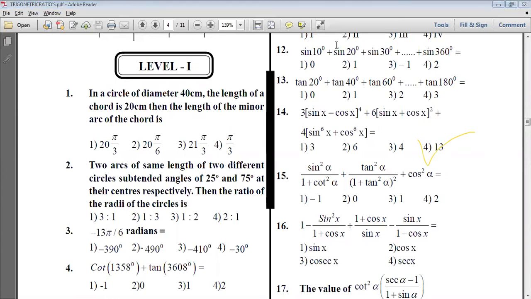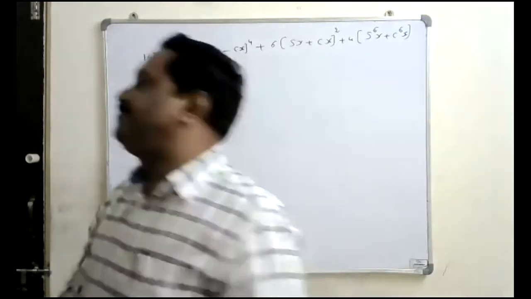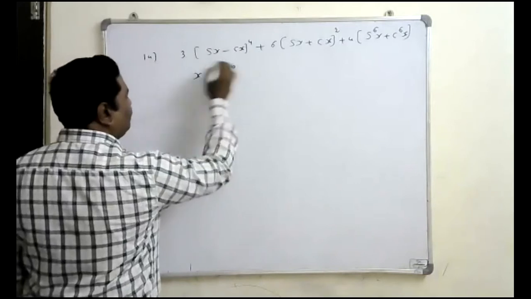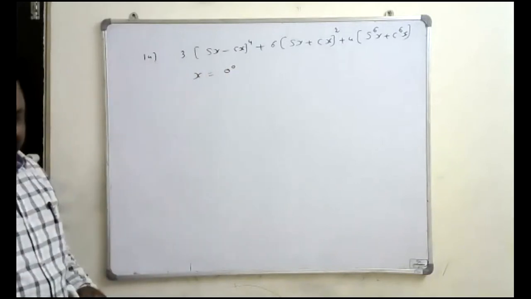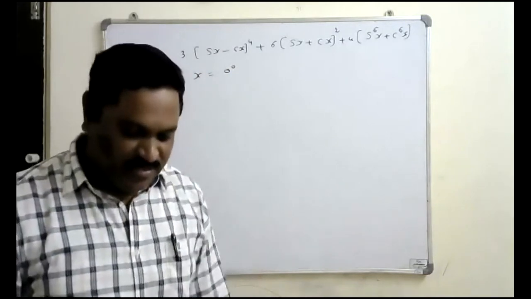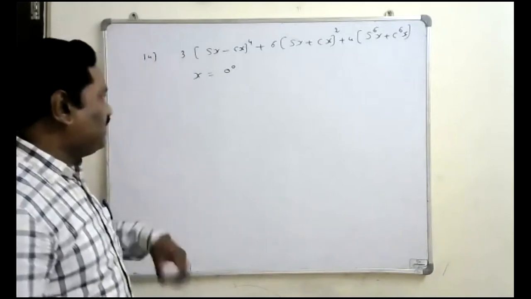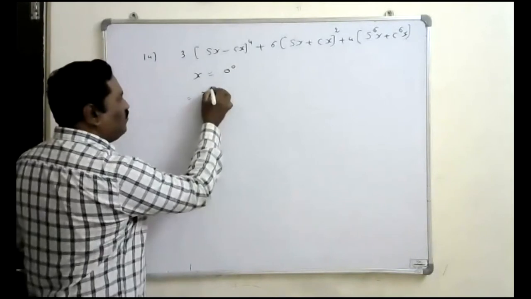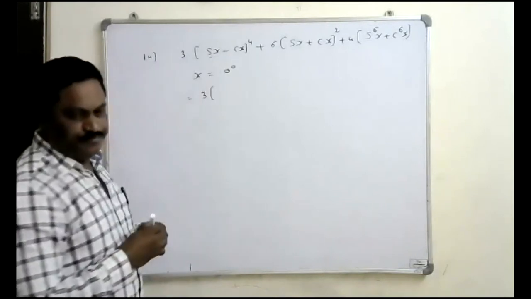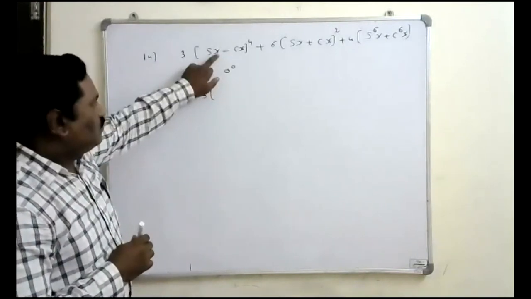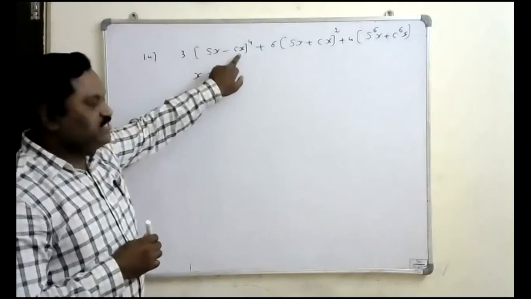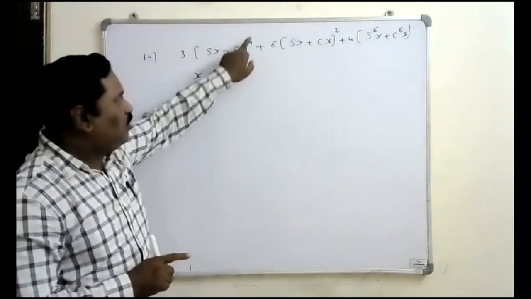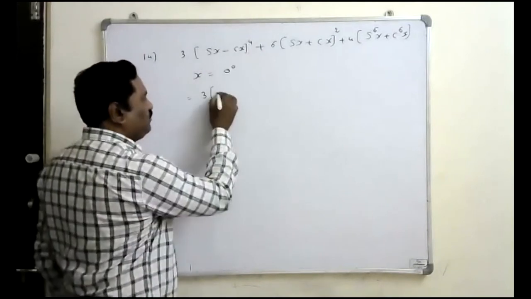Then solve this. Tell me which angle you can give. Sir, do you like 90 degrees? I like 0. Okay, you can give 0, you can give 90 also, no problem. So I will give 0. If I take 0, then it is 3 times, what is sin 0? 0, cos 0 is 1. So 0 minus 1, which is minus 1, whole power 4, which is 1.